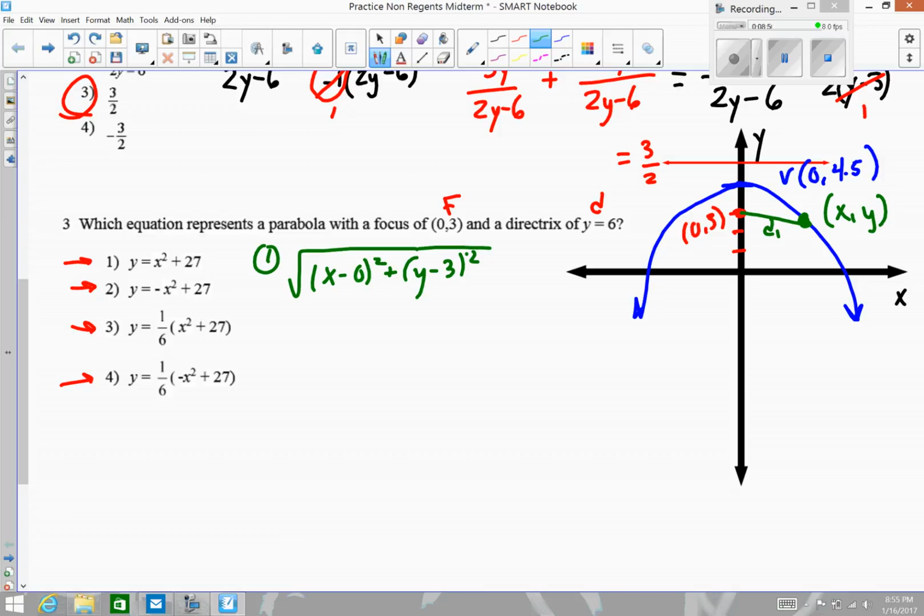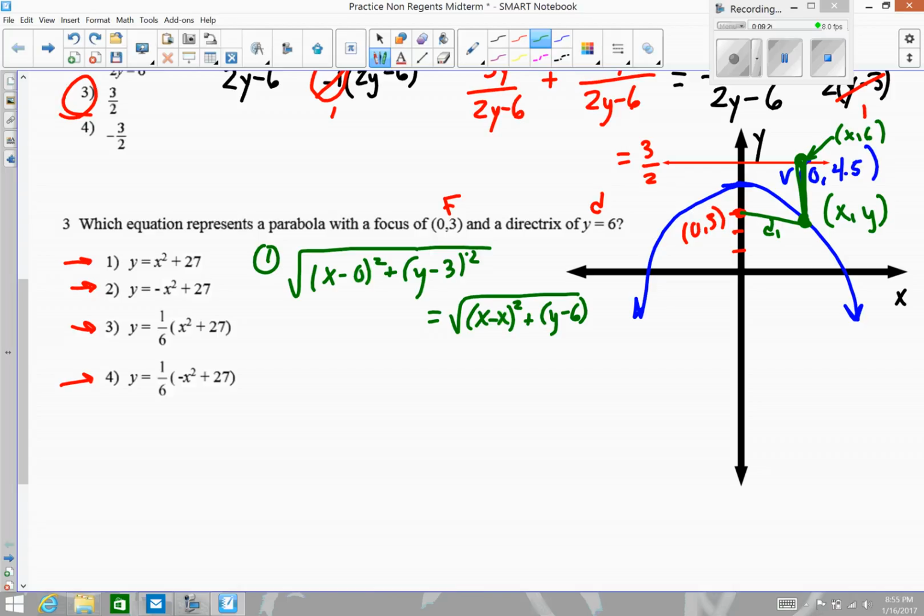And we want to set that equal to the distance to our directrix here. Call that d2. X values will be the same. So I would have an x minus x squared, which will end up being 0. And the y values will be y minus my 6, which is the y coordinate at this point here.